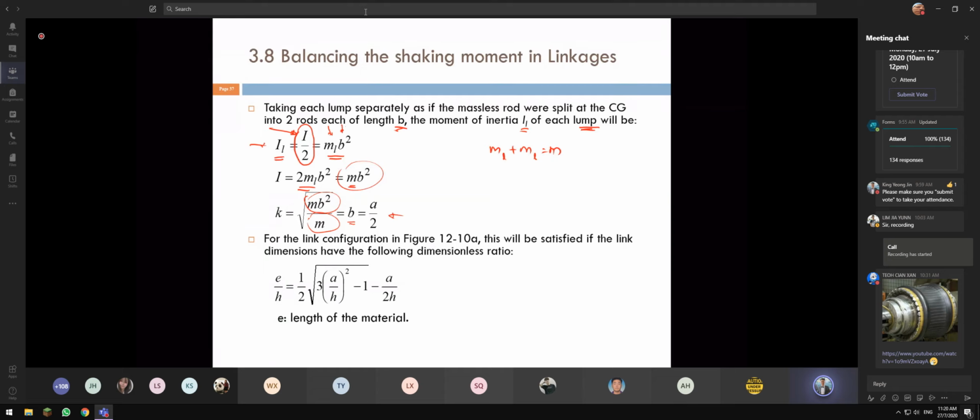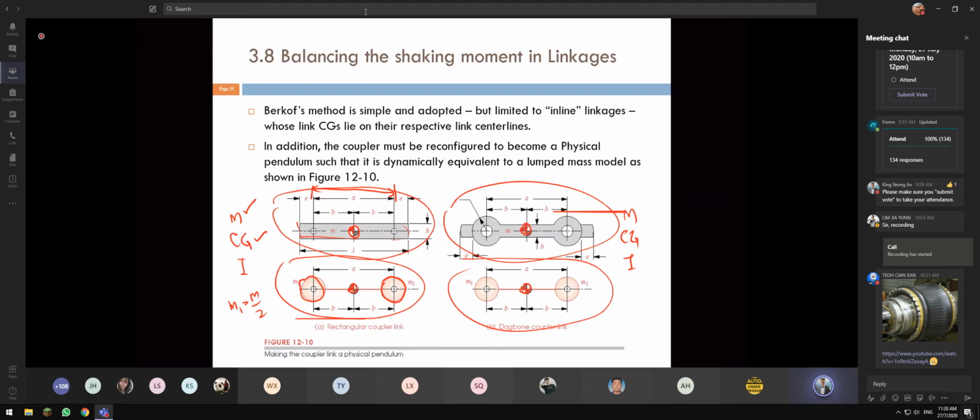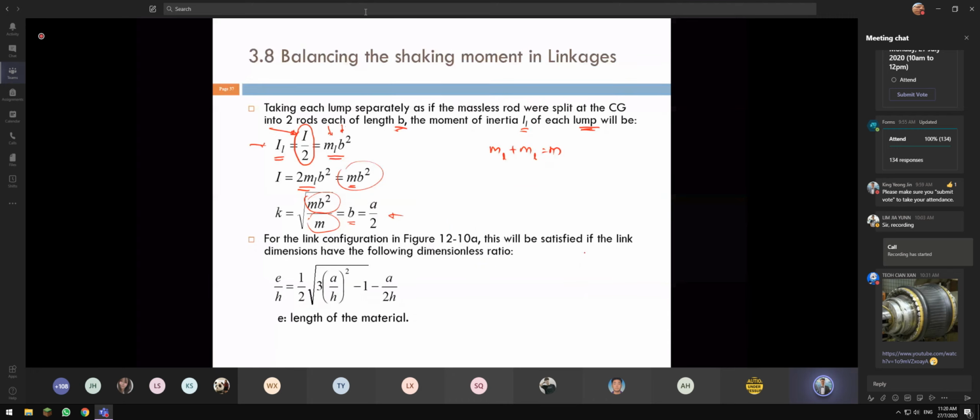So for the link configuration in figure 12-10A, this will be certified if the link dimensions have the following dimensional ratio. This is slightly complicated because of the extension here, the E. The formula given is E over H is equal to half times the square root of (3A over H) squared minus 1, and then minus A over 2H.